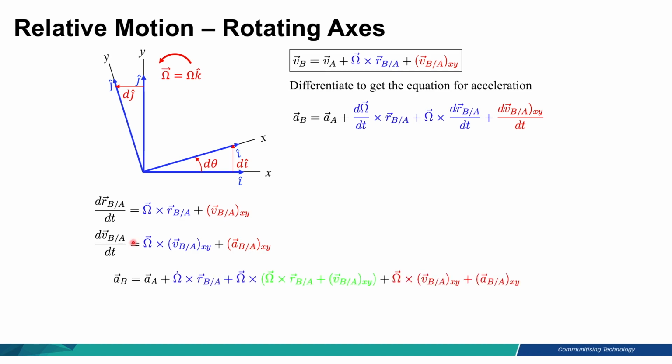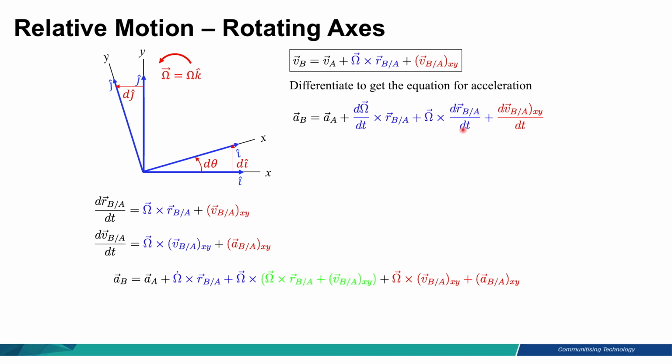We can then substitute this expression in this equation here to get this final equation. AB equals AA plus capital omega dot, which represents d omega over dt, it becomes omega dot cross rb/a. Then we have this part here, capital omega cross.